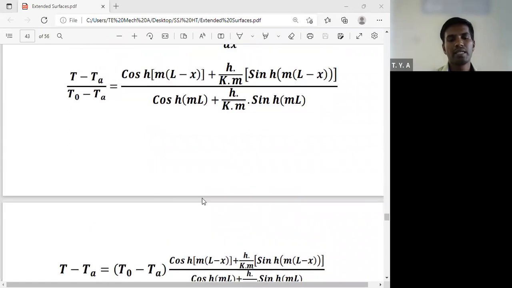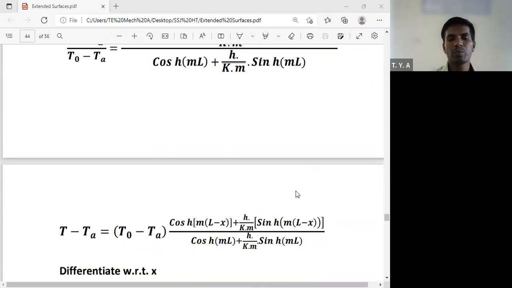T minus Ta is equal to T0 minus Ta into cos hyperbolic m into bracket L minus x plus h by km sin hyperbolic m into bracket L minus x, divided by cos hyperbolic ml plus h by km into sin hyperbolic ml. So take the derivative of this equation and find out the value of dt by dx. Okay, take the differentiation of this equation.